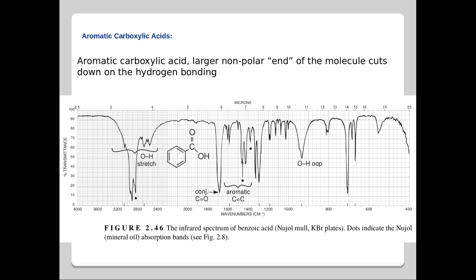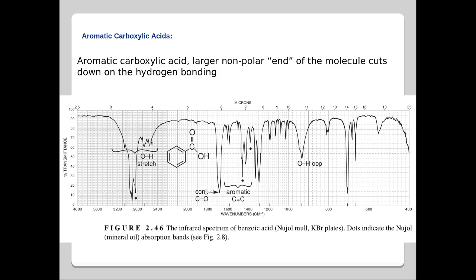Then you shall see the carbon double bond stretching frequency of the phenyl ring somewhere here. Then the OH stretching vibration frequency, which ranges between 2400 centimeter inverse all the way up to 3300 centimeter inverse, but rather appears with a little bit more structure in the case of aromatic carboxylic acids.